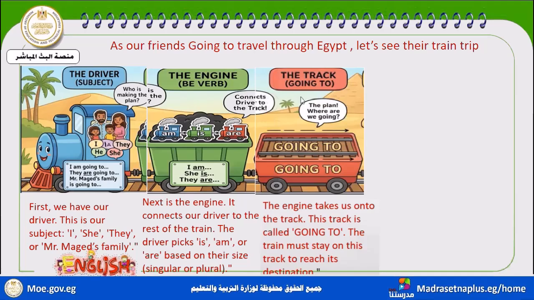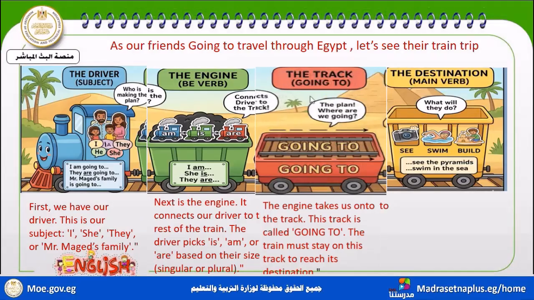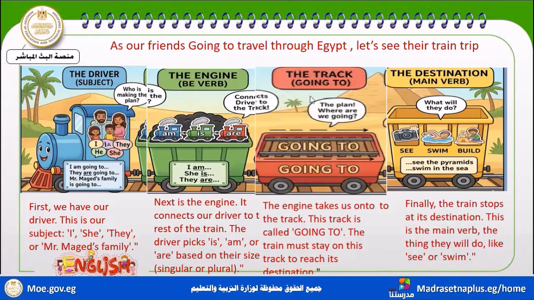So going to is the track, and this is what helps us reach our destination. And finally, we have the destination, which is the main verb, which expresses what we are going to do. We are going to see, to swim, to build, to sleep, to study, to walk.